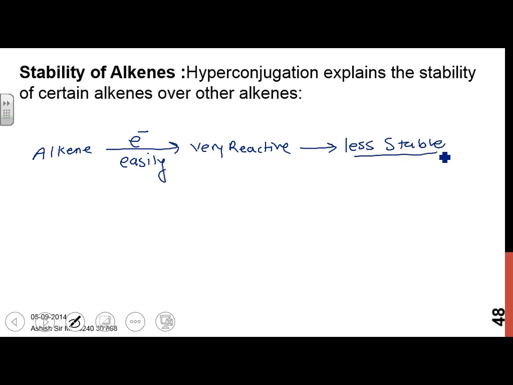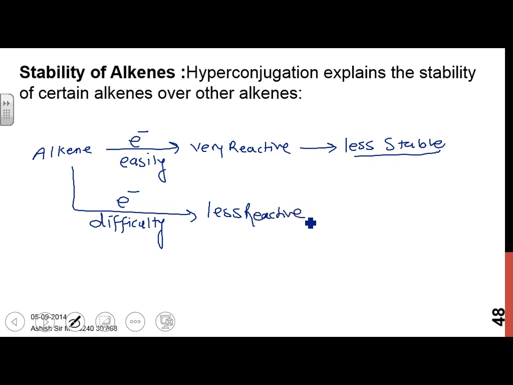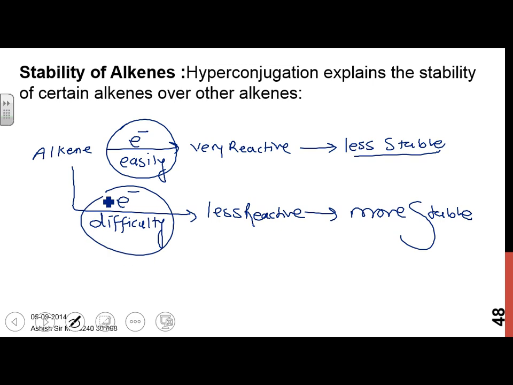They are less stable because they give electron fast and they react fast. They are not stable. If alkene do not give electron, or rather say gives electron with difficulty, less reactive, or we can say more stable. Is that understood? Stability of alkene or reactivity of alkene depends upon donation of electron. Is that understood?